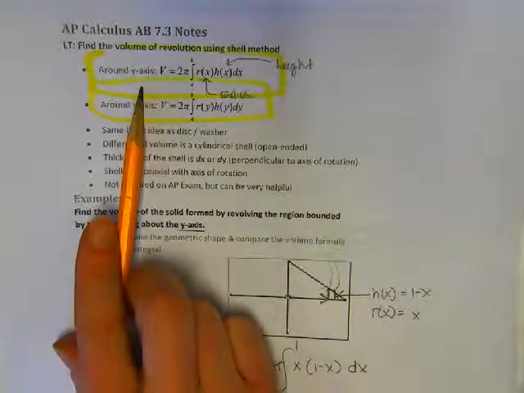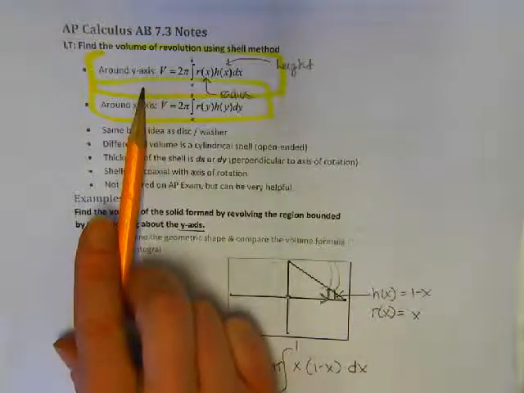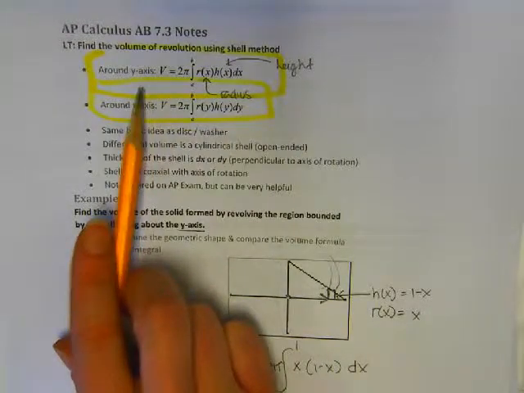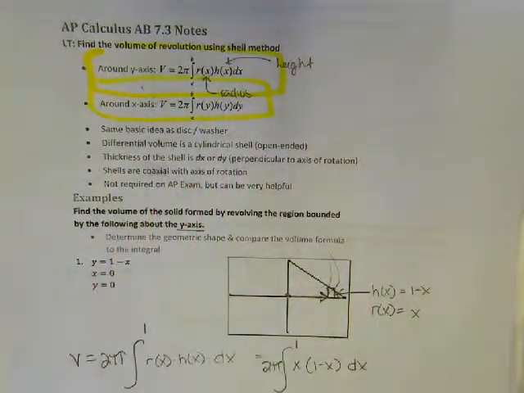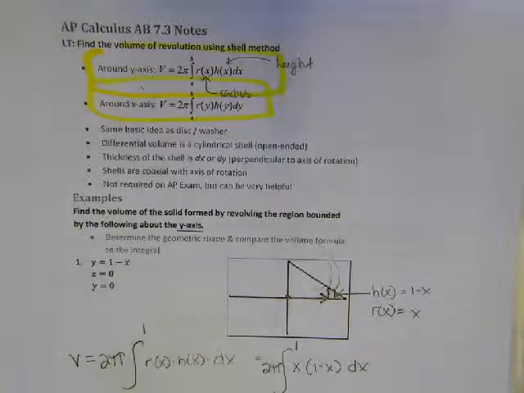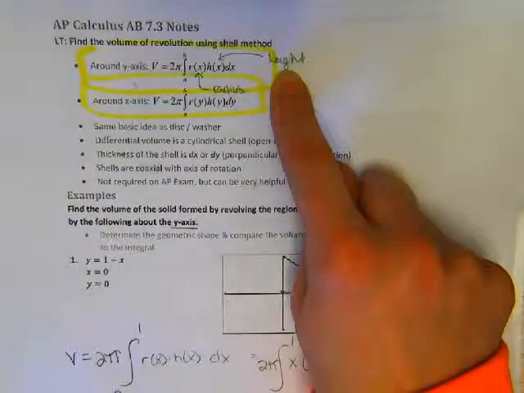Because if you're using the disk method, you have to rewrite the function in terms of y. With shells, because of the y-axis, you're going parallel to the height, which is x, so you don't have to worry about rewriting it. That would be the advantage in this case, when you're rotating around the y-axis.